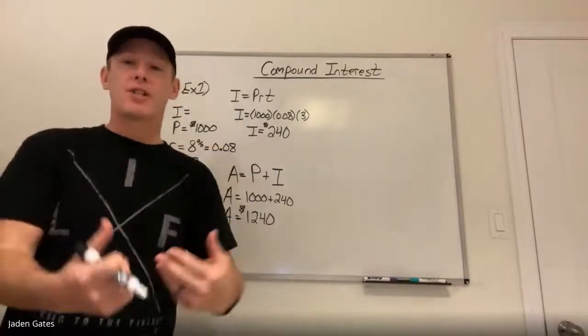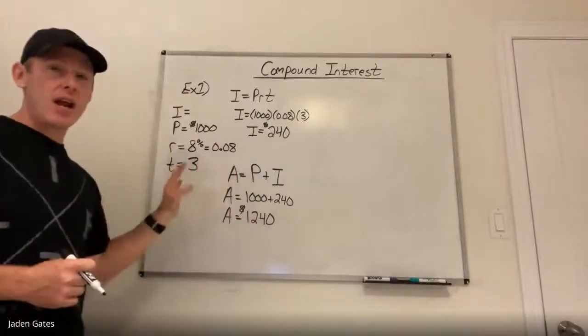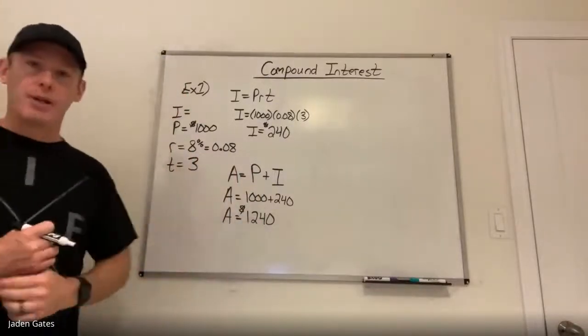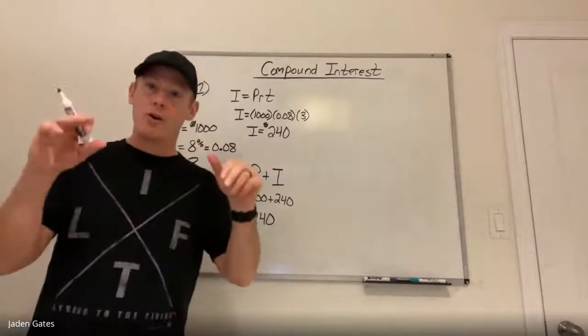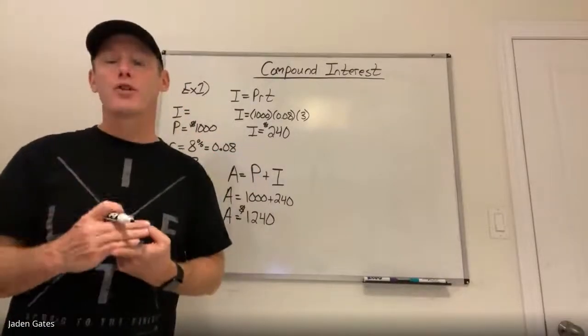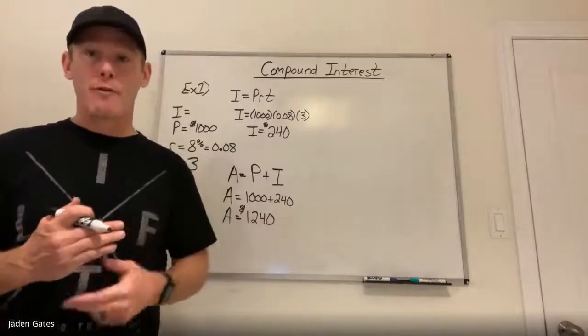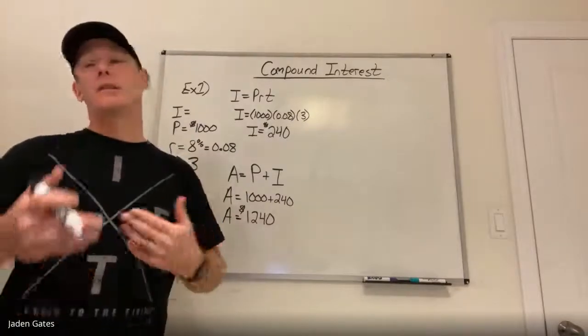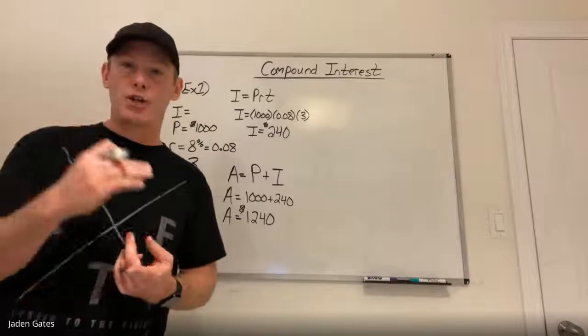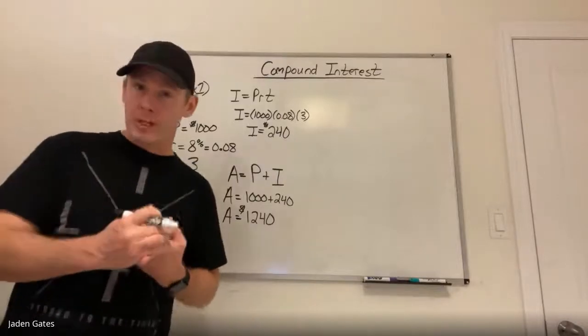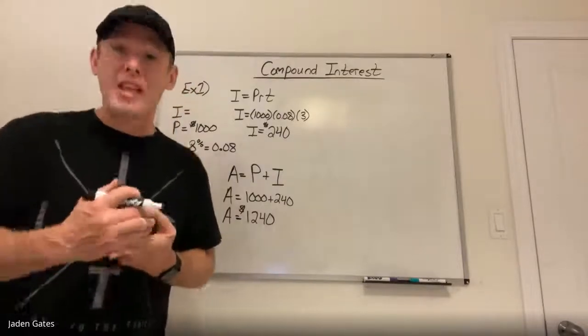So your interest earns interest. That does not happen with simple interest. With compound interest, it compounds because not only is your principal making you money, but your interest is also making you money. Again, if you're borrowing, it works the opposite way, because you're not only getting charged interest on the principal, you're being charged interest on the interest.